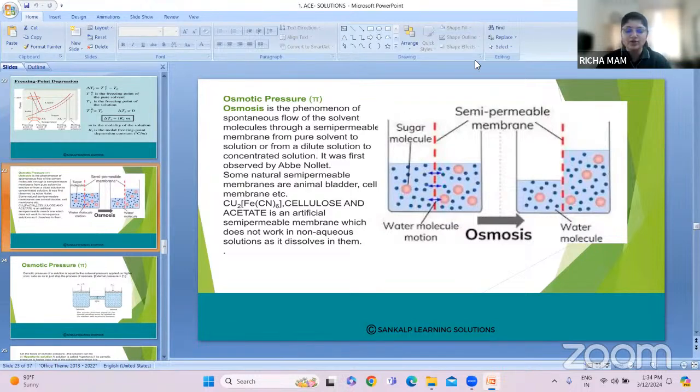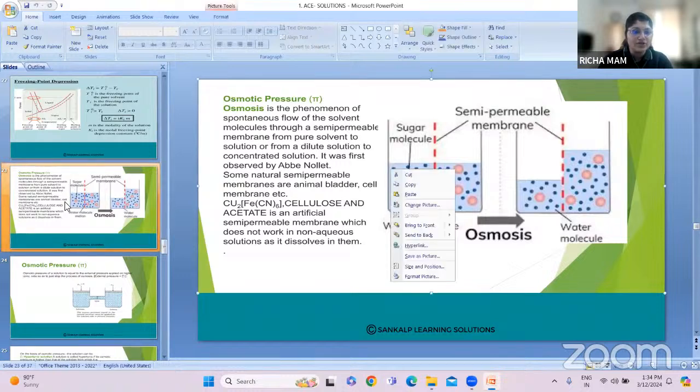The flow of solvent molecules from the solvent into the solution through this semi-permeable membrane can be stopped by putting extra pressure on the solution side. This pressure which stops the osmosis is called osmotic pressure.